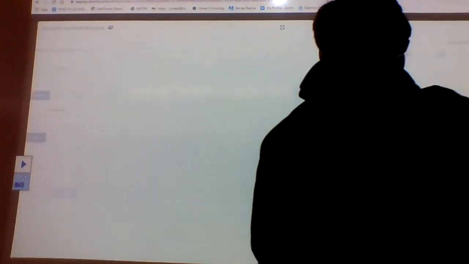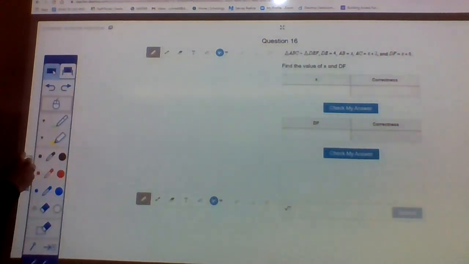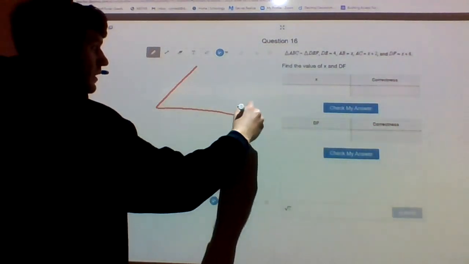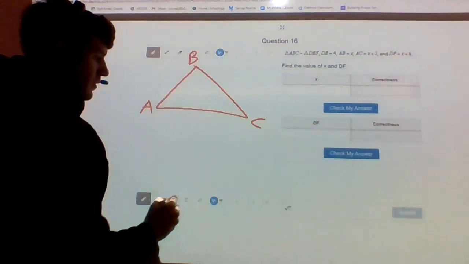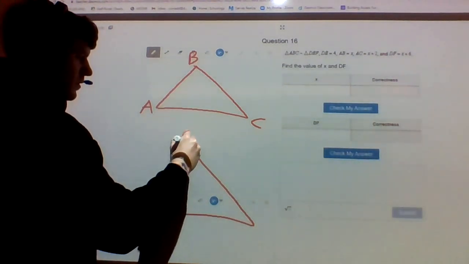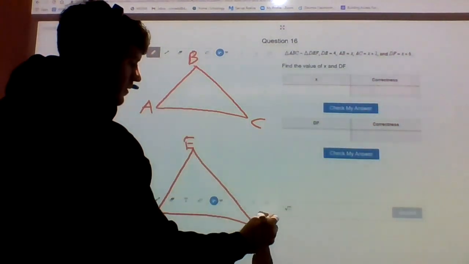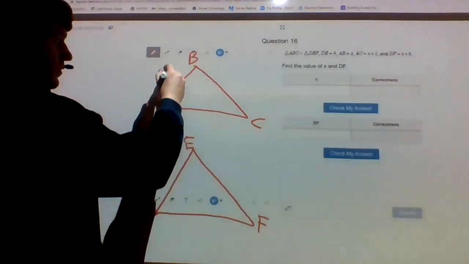Number 16. Again, we want to draw out the triangles here. So I have ABC and DEF. Okay, the measure of DE is 4. The measure of AB is x.